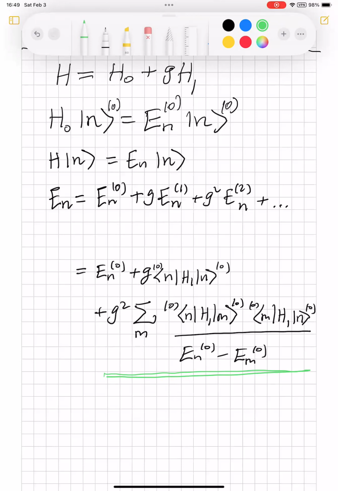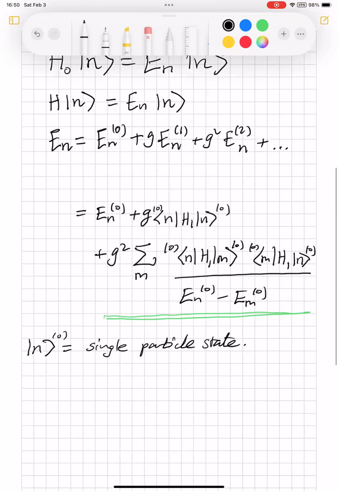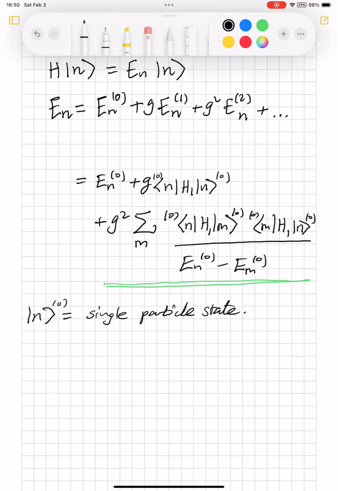Let's imagine that N is a single particle state. I'm always going to imagine that N is a single particle state. I could be studying, say, a single particle. That's all I'm saying. And I'm calculating the energy of the single particle. Now look at the second order term, the term underlined in green. So I start off with the state N, which is a single particle state.